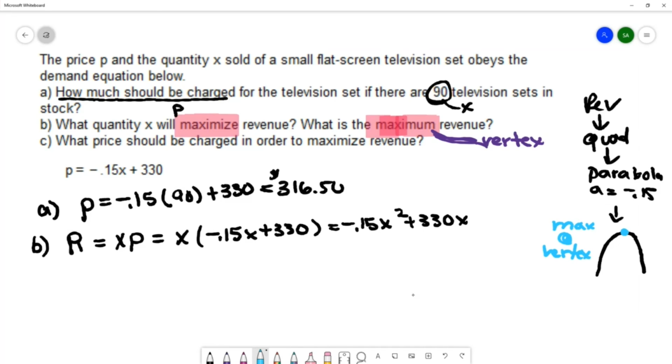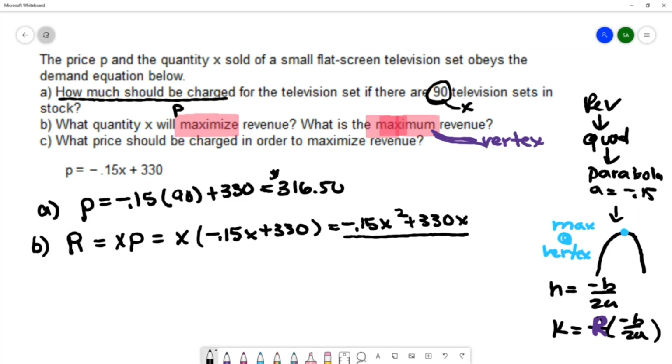Now we do have a formula for the vertex, and that vertex formula is that h is negative b over 2a, and k is f of negative b over 2a. In this example, we're not going to use f, we're going to use r for revenue, because we're dealing with the revenue function. So we need to find the vertex of our quadratic here.